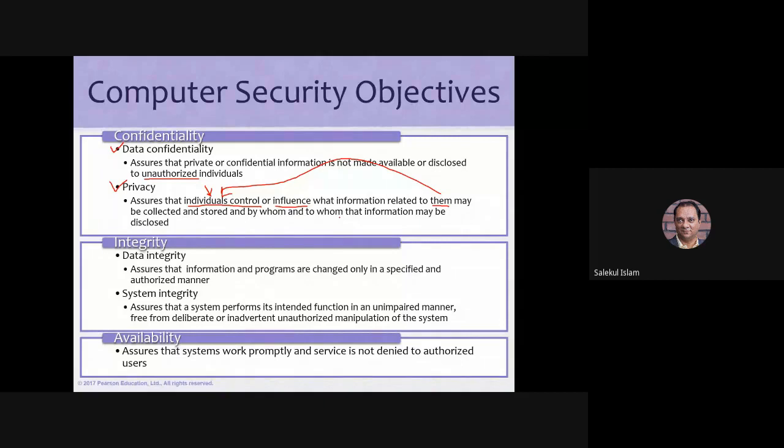Definitely we don't want that, right? So I should have some control, or they should take my permission about what will be the use of that information. Whenever you are participating in a survey, they will definitely inform you what will be the use of the survey data. Okay, so that is related to privacy.